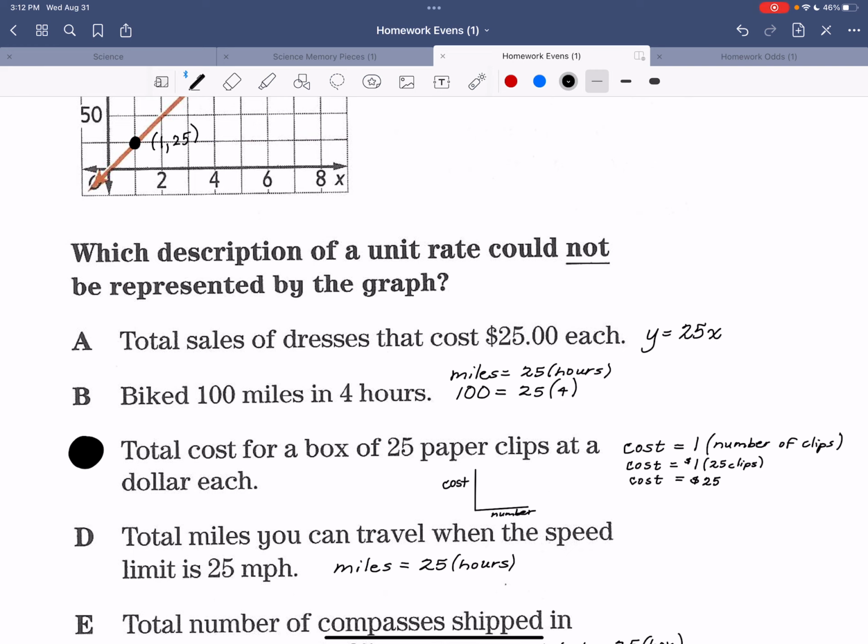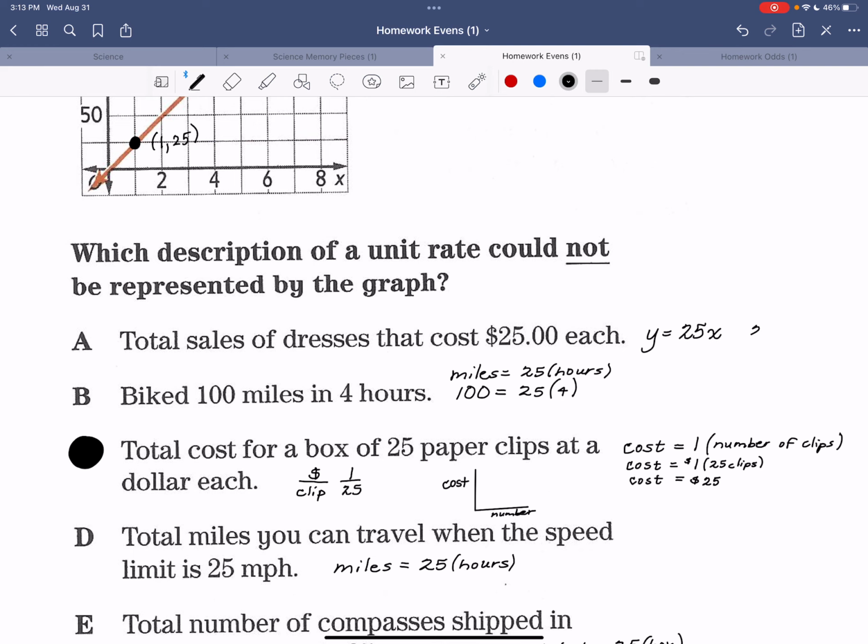What would the price per clip be? Let's go at it that way. If you have dollars per clip, in my formula, it's saying that it's going to cost you $1 for every paper clip. So the unit rate on this one is 1/25.